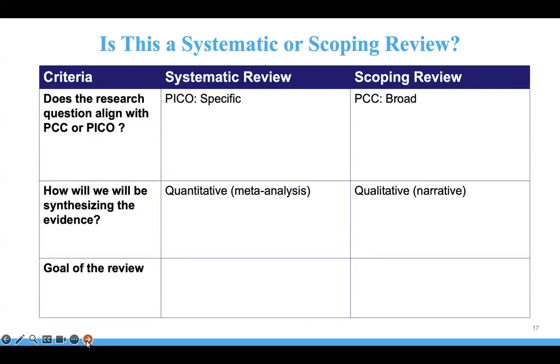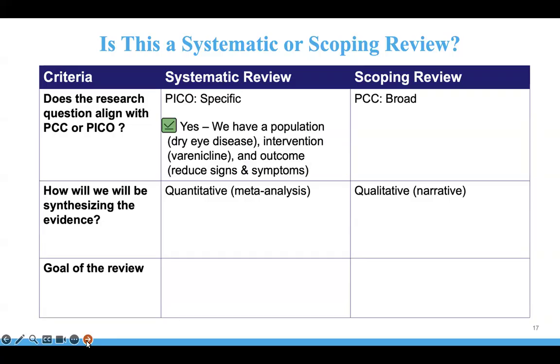So we're going to use our 3-point criteria here to determine whether this is a systematic or scoping review. Starting off with our first criterion here, does the research question align with the PCC or PICO? The answer here is PICO. Why? Because we want to see if varenicline is effective at reducing symptoms of dry eyes in patients with dry eye disease.